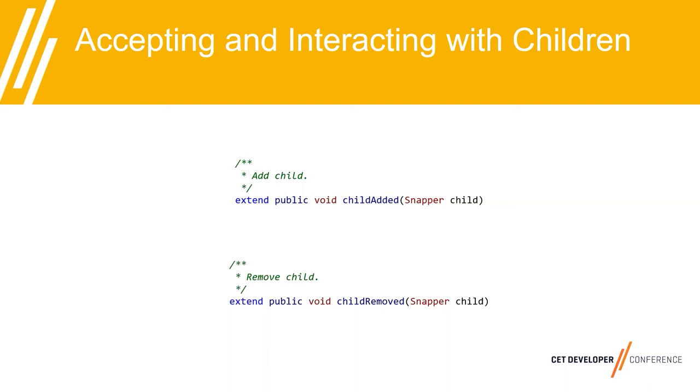These are called whenever a child is added to you, whenever you gain a new child, or whenever a child is removed from you for whatever reason. These are places where you can maintain any internal state you might need to. So if you need to change any fields, or maybe you're tracking a collection of your children separately or something like that, these might be places where you react to those events happening.